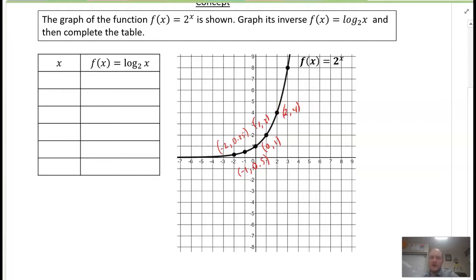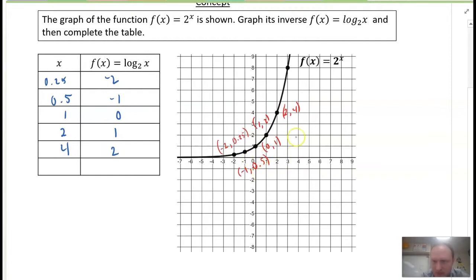If I want to graph its inverse, all I'm going to do is switch these inputs and outputs. I'll do this here on the table. So 0.25 is paired with -2. 0.5 is paired with -1. 1, 0; 2, 1; and 4, 2.